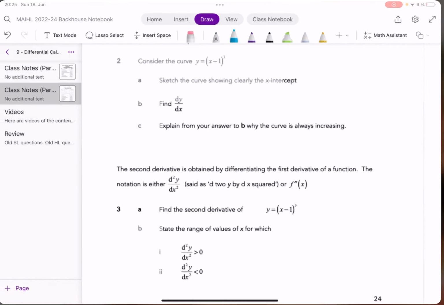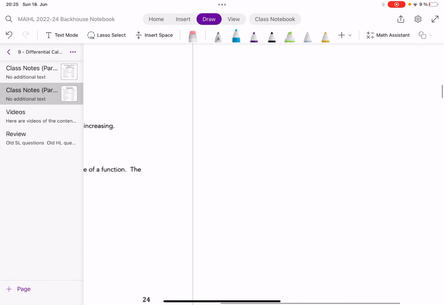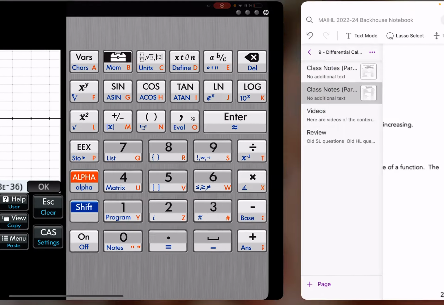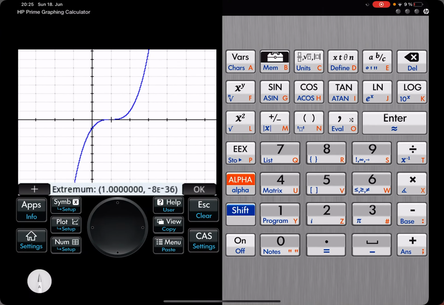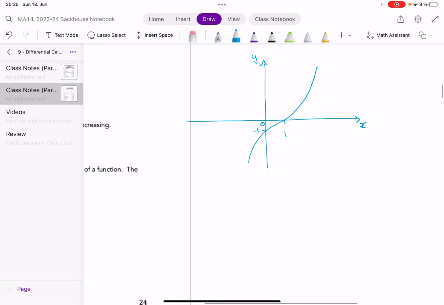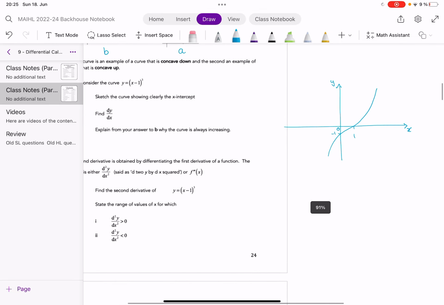Okay, so I'm going to maybe draw a little sketch out here. Okay, and this is 1. We've got our x, we've got our y, we've got the origin, and we have our y-intercept. Okay, so there's a little sketch.